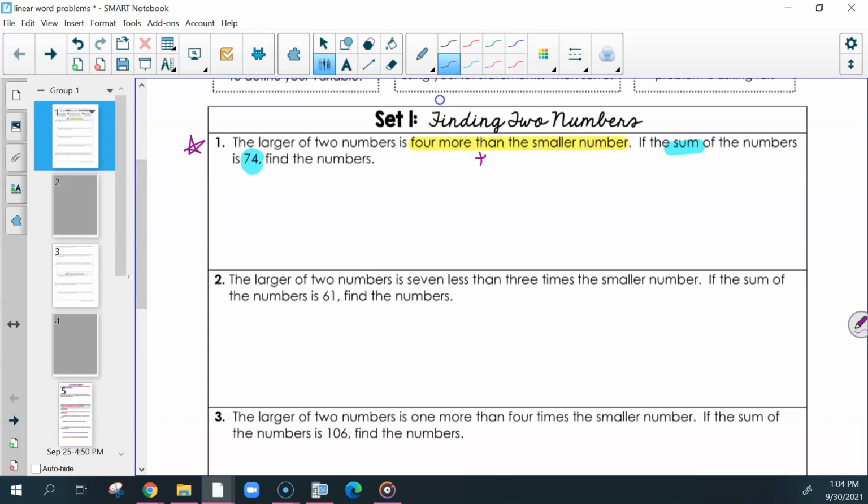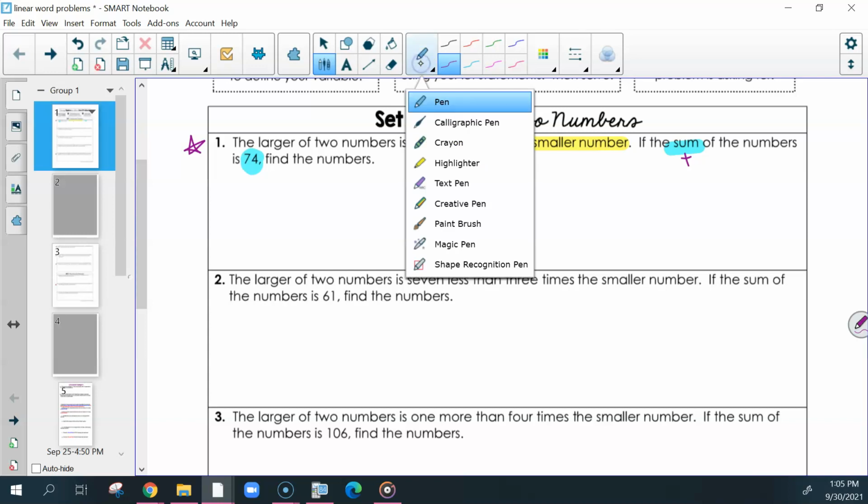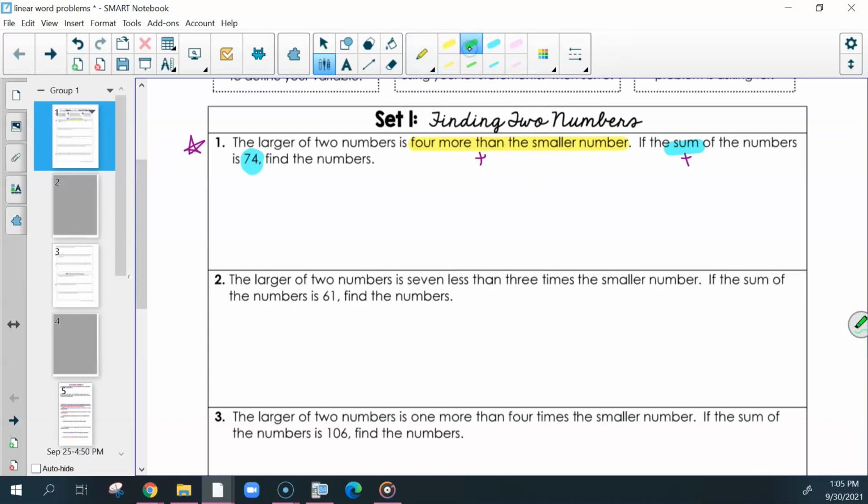More than is adding. Sum is also adding. So that's all I know so far. I know the sum equals, so I should have really highlighted this word is, because is means equals 74.